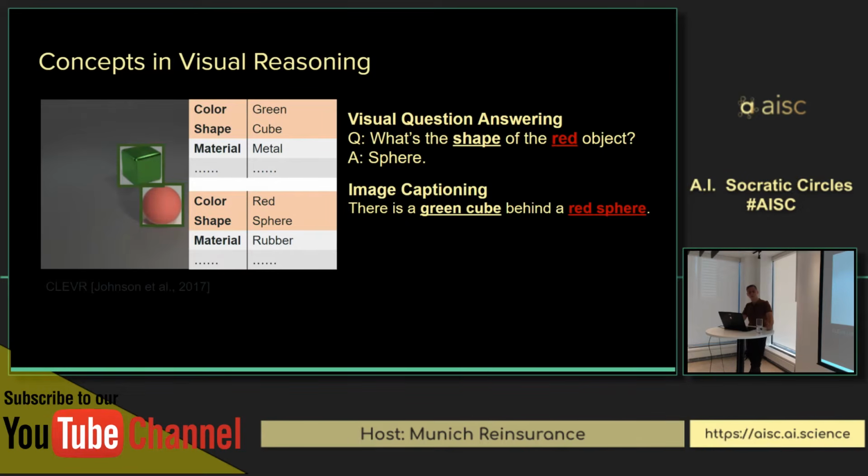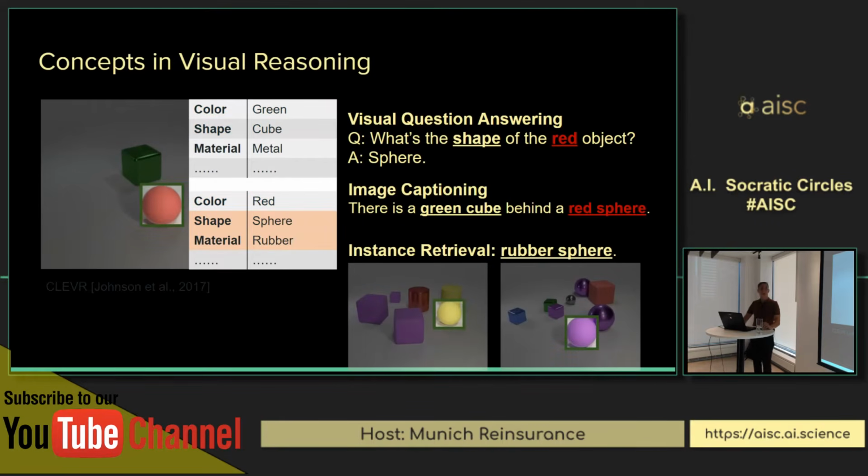For example, you could write captions to describe the image that you actually see, such as: there is a green cube behind the red sphere. We can also retrieve instances from the dataset that are associated with specific concepts of interest, in this case, rubber spheres.